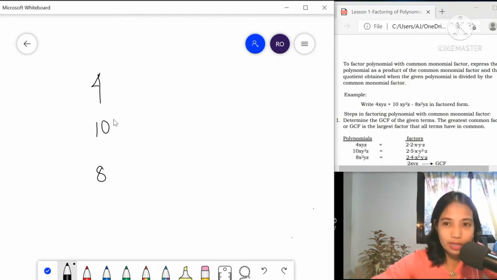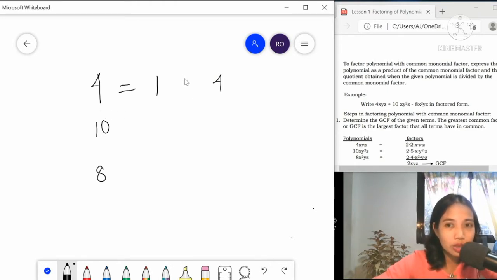So, let's get first the factors of 4. Ano ba yung mga numbers na pwede nating i-multiply na ang magiging sagot ay 4? Of course, the first factors are 1 and 4. When we multiply 1 times 4, the answer is 4.